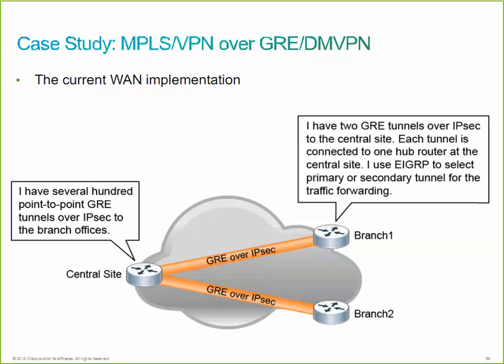To migrate the branch routers to the DMVPN cloud, the first thing we have to do is configure the multipoint GRE tunnel interface. We need this mode even if we're not doing spoke-to-spoke communication, maybe we're doing DMVPN Phase 1, I hope not, but maybe we are. Even if I'm not allowing spoke-to-spoke communication, I need a multipoint GRE tunnel interface on the spoke routers because I have two hubs.